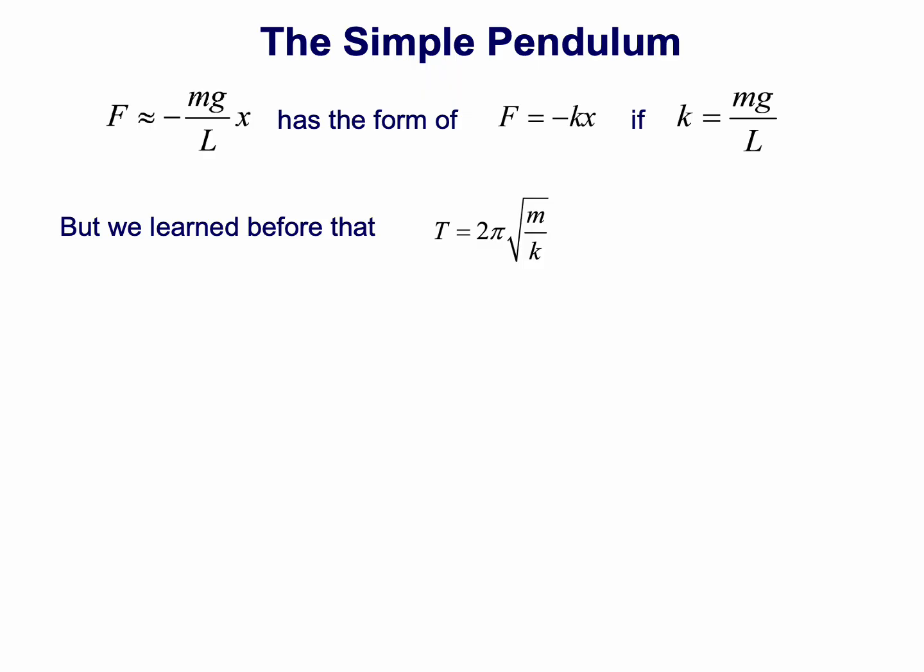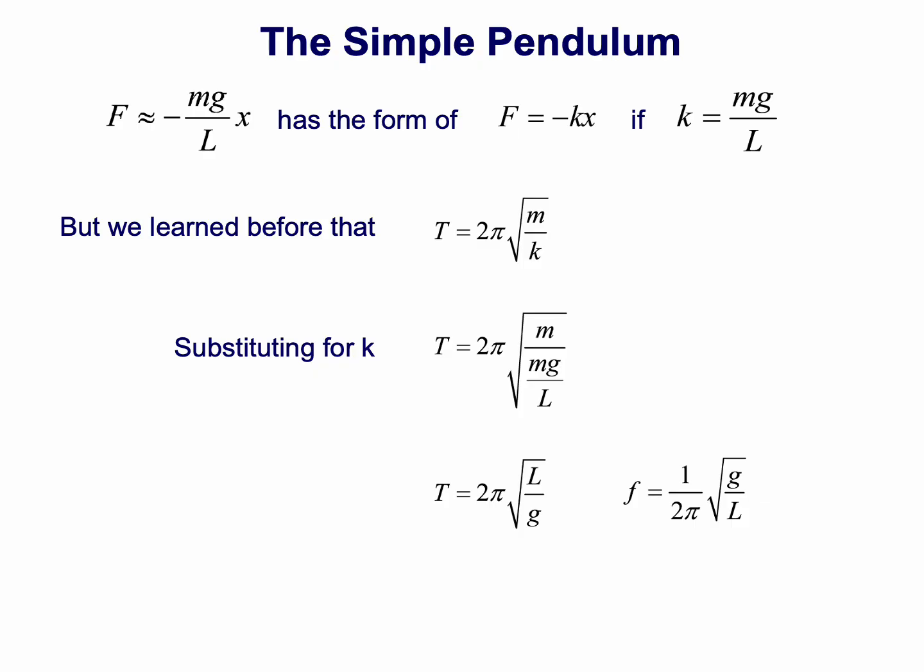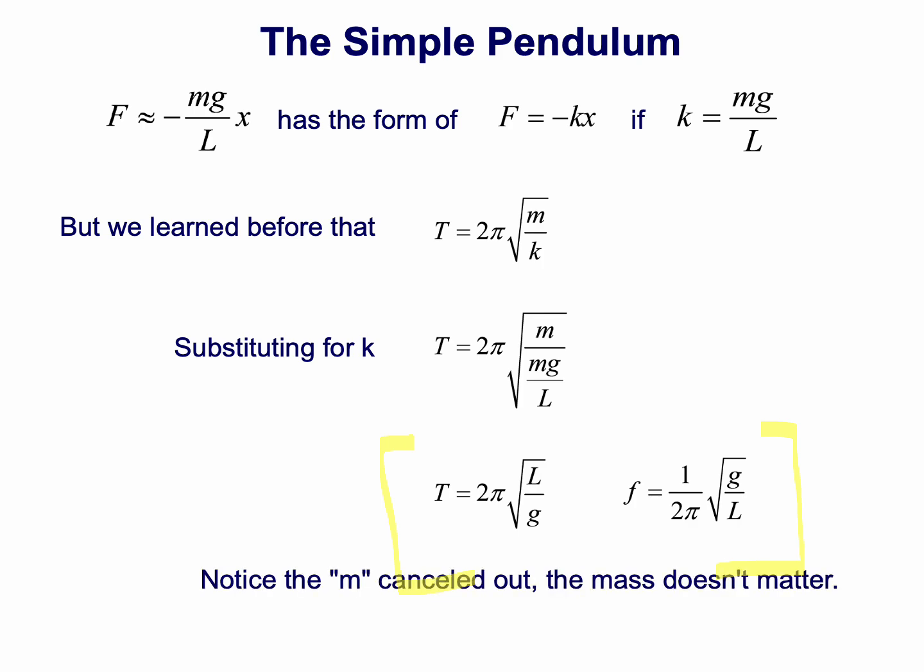Well, if we approximate for k up there, mg over L, when we substitute for k, we have these equations down here that we will be utilizing for a simple pendulum. The period of the pendulum is 2 pi square root of L over g, and frequency is 1 over 2 pi square root of g over L. And so notice they're just backwards of each other. They're inverses of each other.